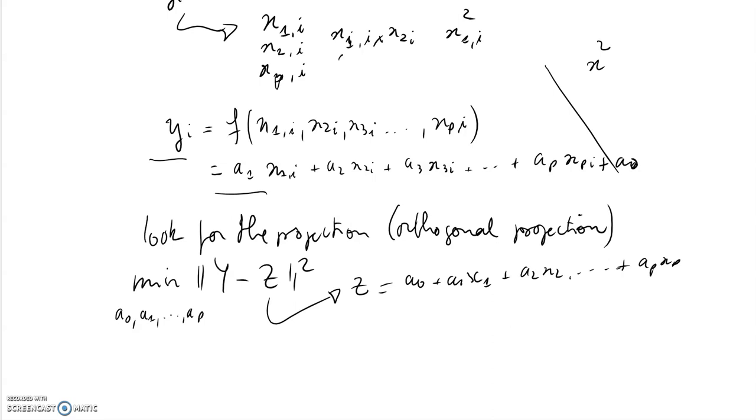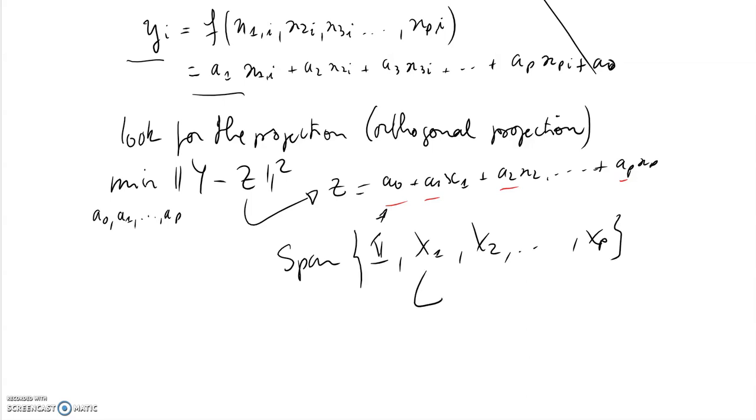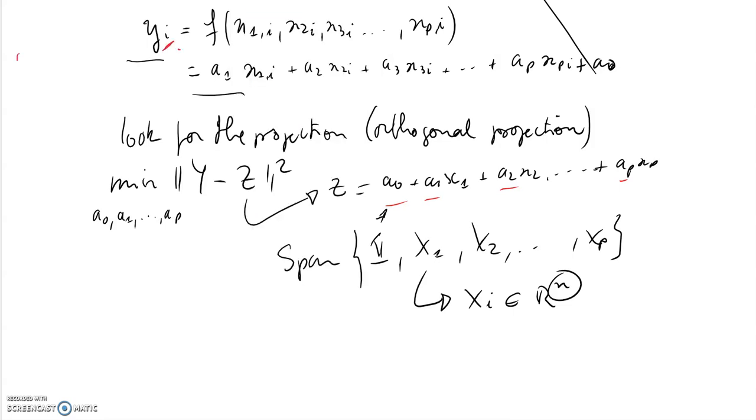So we are doing some projection. The vector 1 is used for a0, and then x1, x2, up to xp. All of these belong to Rn, where n is the number of observations, the same n as in yi, i equals 1 to n.